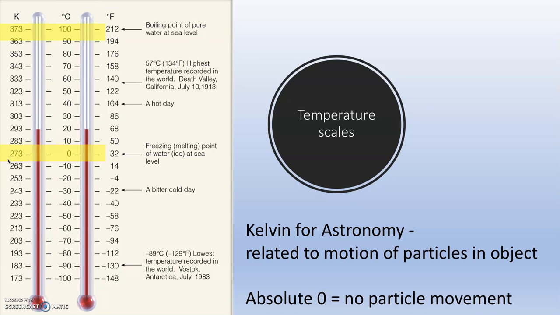And in fact, when you think about Celsius, it is always 273 degrees off of Kelvin. So for instance, when you go up to the boiling point in Celsius, the boiling point of water at sea level is 100 degrees Celsius. So you add 273 degrees to it and you get 373 degrees Kelvin.